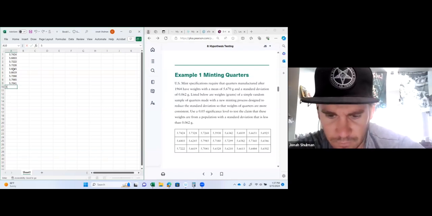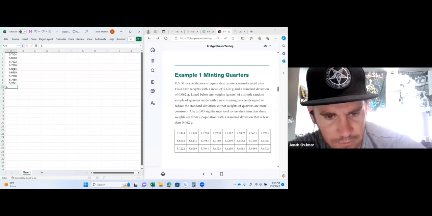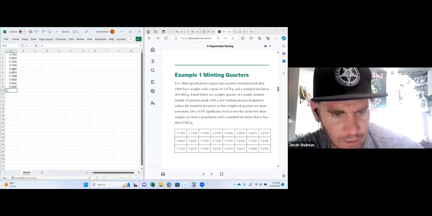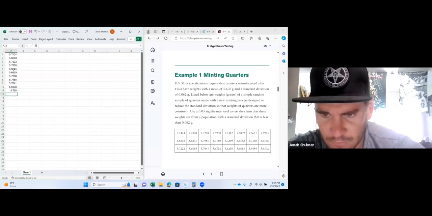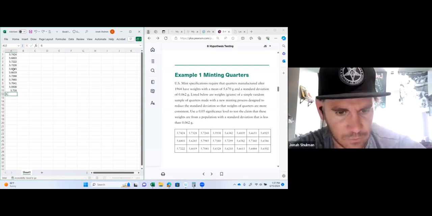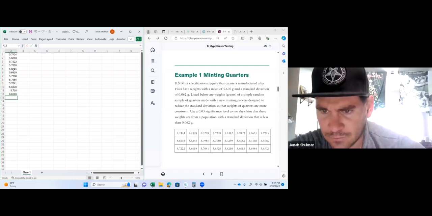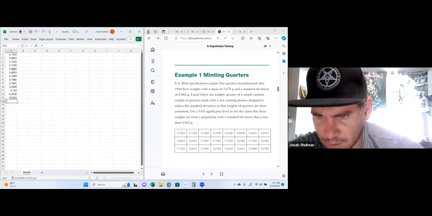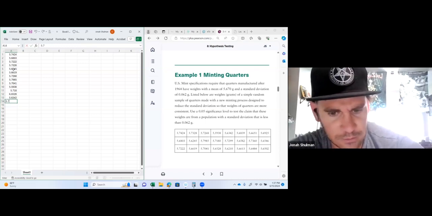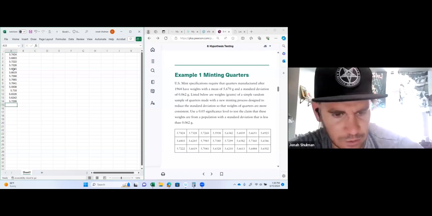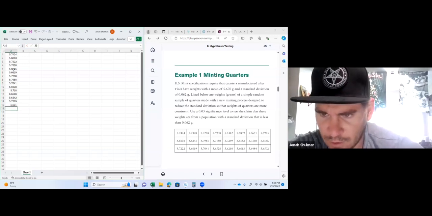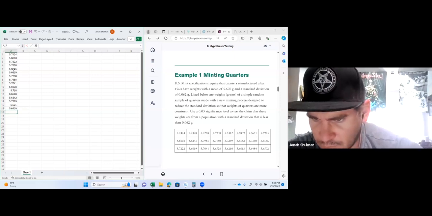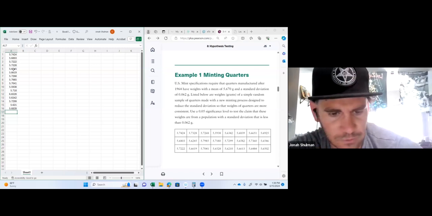Next one is 5.5938. The next one is 5.7180, 5.6528. Next one's 5.6342. The next one is 5.7299, 5.6210, 5.6839, 5.6582.